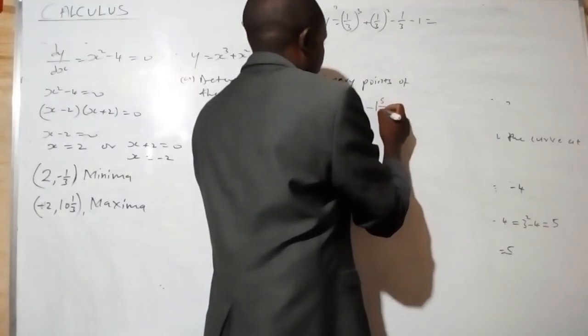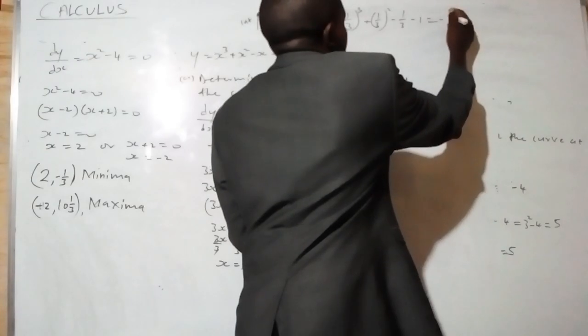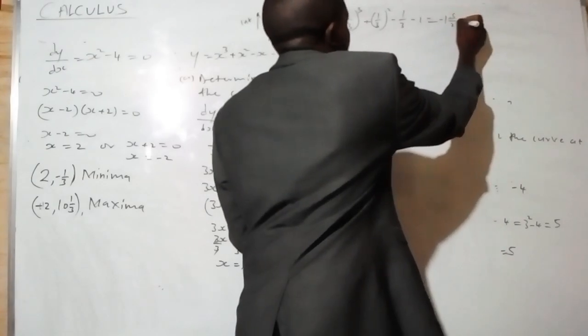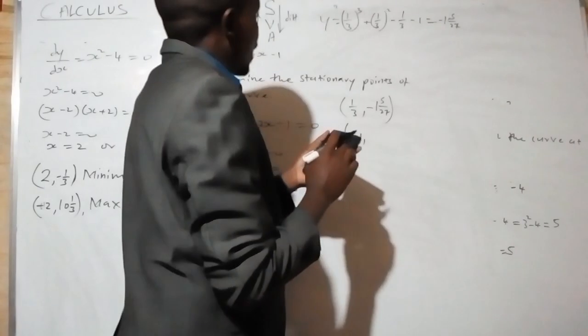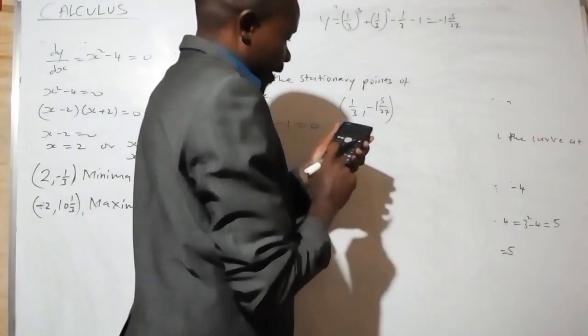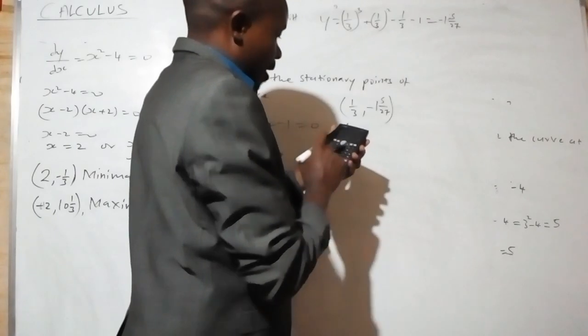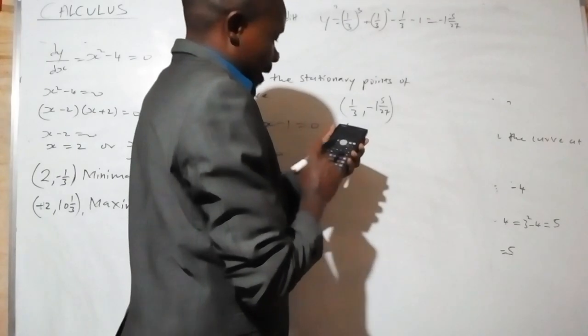To get negative 32/27. Is it? You can confirm: 1/27 plus 1/9 minus 1/3 minus 1. Yeah, it's okay.